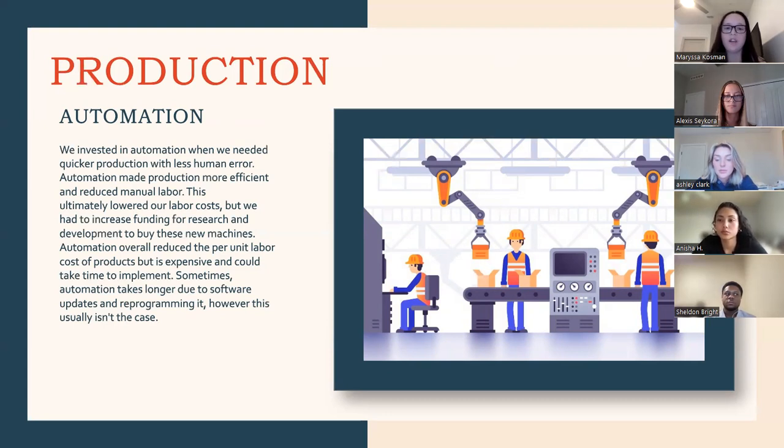Overall, our automation reduced the labor costs, but it did take quite the investment in the very beginning. And the only downside to our automation was at times we did have to do software updates or reprogram it, just in a few small cases. Next slide, please.